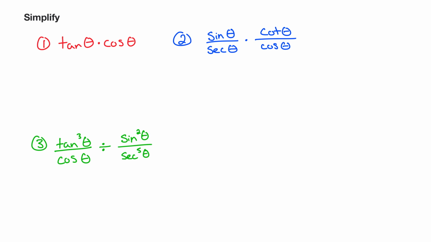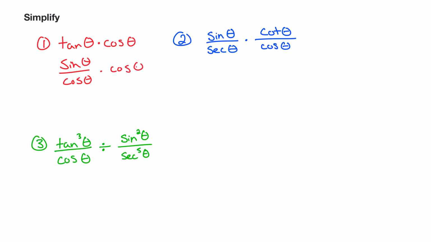So here are my first set of problems. Problem number 1, I have the tangent of theta times the cosine of theta. Now, while that looks relatively nice and pretty, this is simplifiable. It is simplifiable because I could rewrite tangent as sine of theta over the cosine of theta.